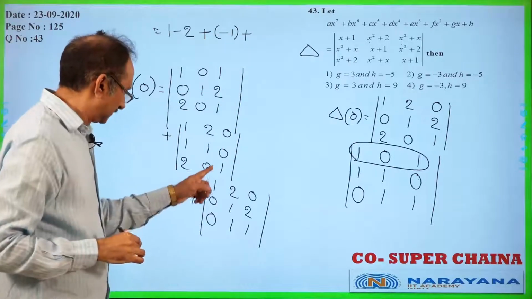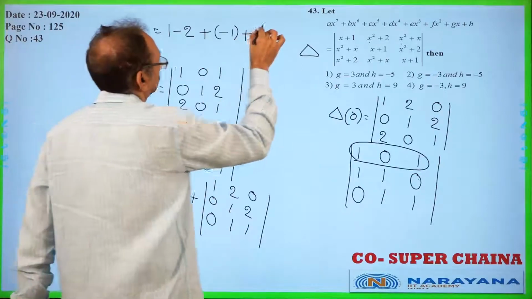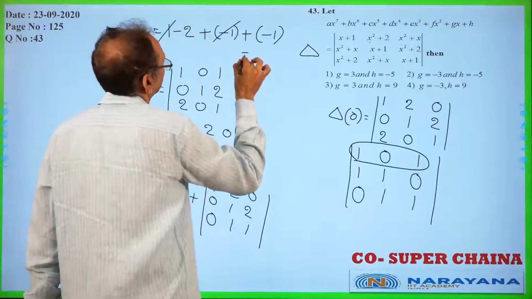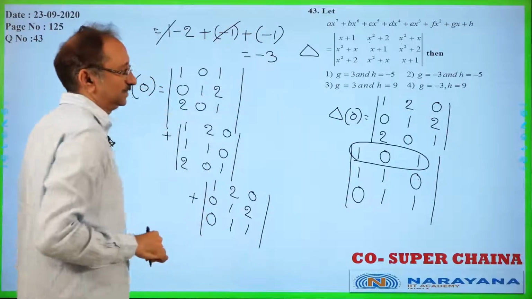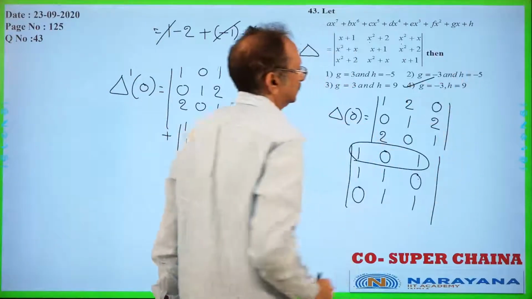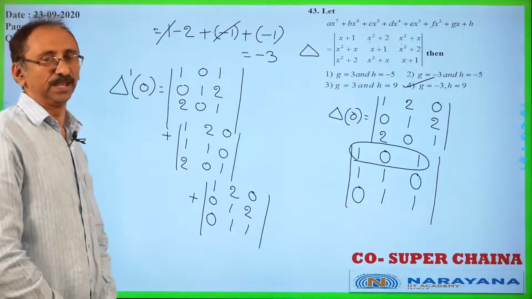Plus, expand along the first column: 1 into 1 minus 2, that is minus 1. So plus 1 minus 1 cancel, the answer is minus 3. And therefore this value is minus 3. So h is equal to 9 and g is equal to minus 3.